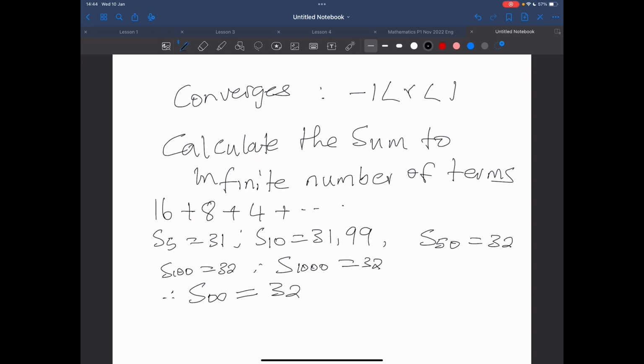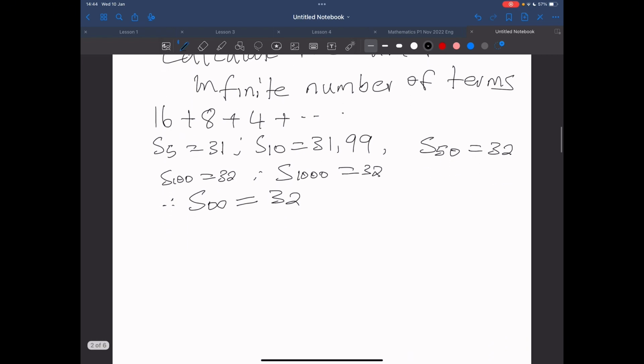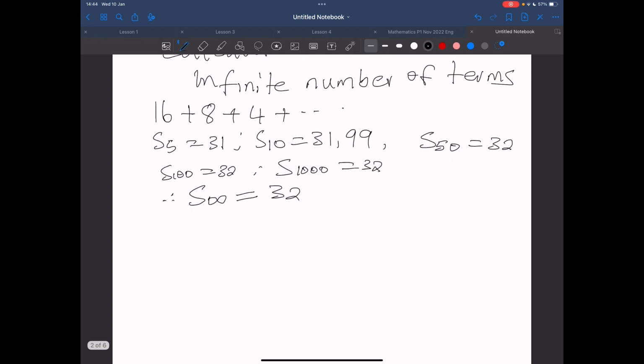Now we need to look at our sum formula and check how we get the sum to infinity. So we remember that the sum to n terms is a into 1 minus r exponent n, all over 1 minus r.